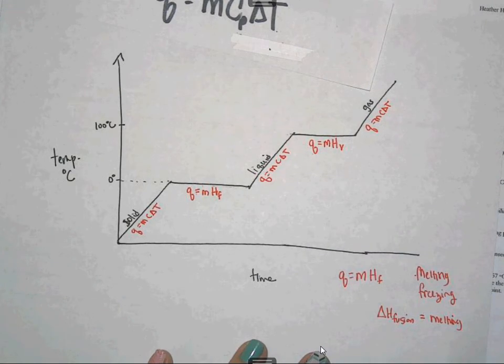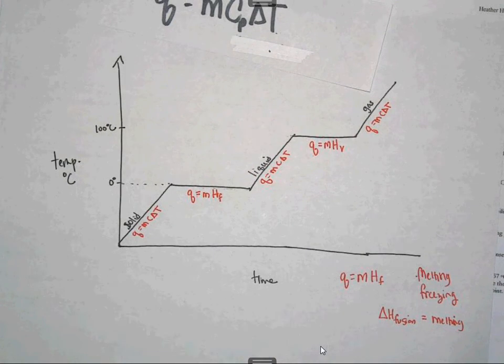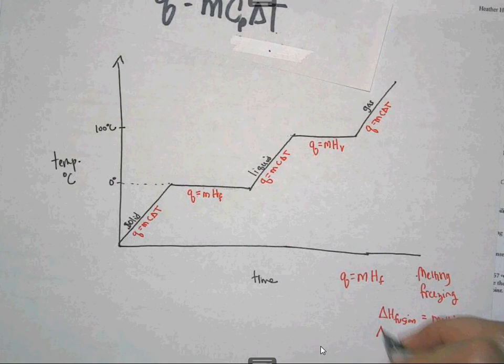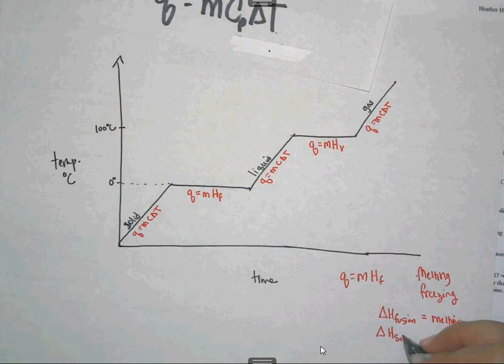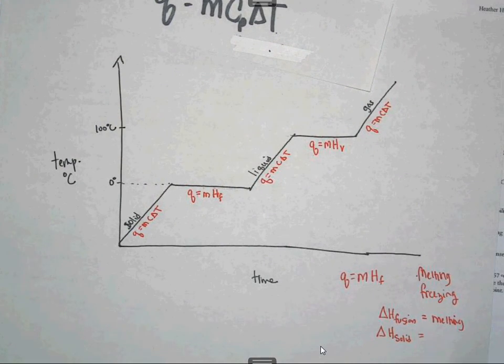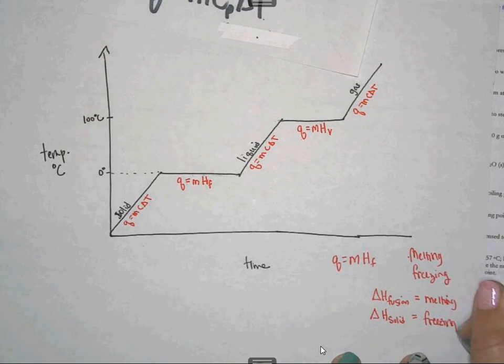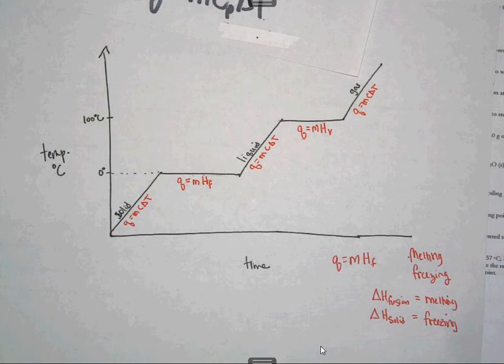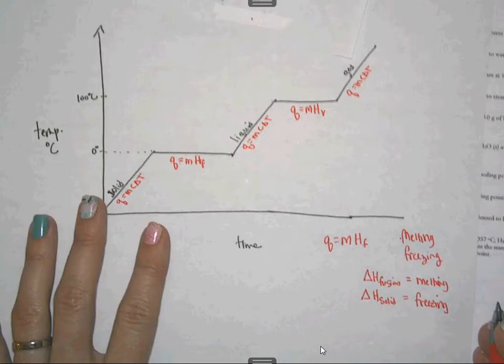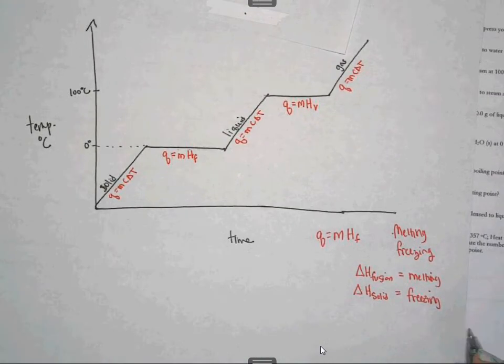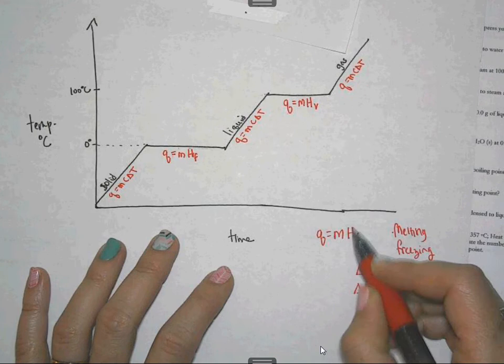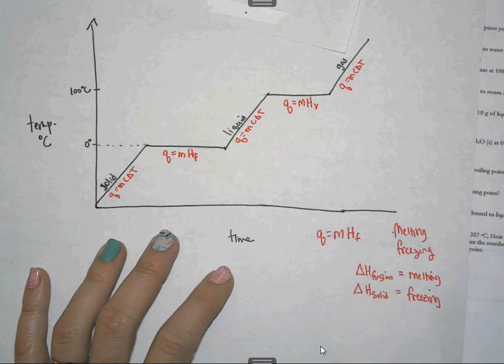Q is equal to M times H sub F is used for melting and freezing. Now here's what I think is crazy. The F does not stand for freezing. Just to make chemistry a little extra confusing for you, the F actually stands for the heat of fusion. And in this case, they use fusion to equal melting.